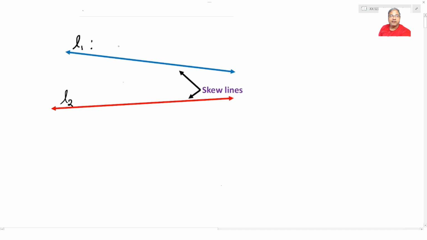The equation of the first line is given by vector R equals vector A1 plus lambda multiplied by vector B1. Similarly, the equation of the second line is given by vector R equals vector A2 plus mu multiplied by vector B2.